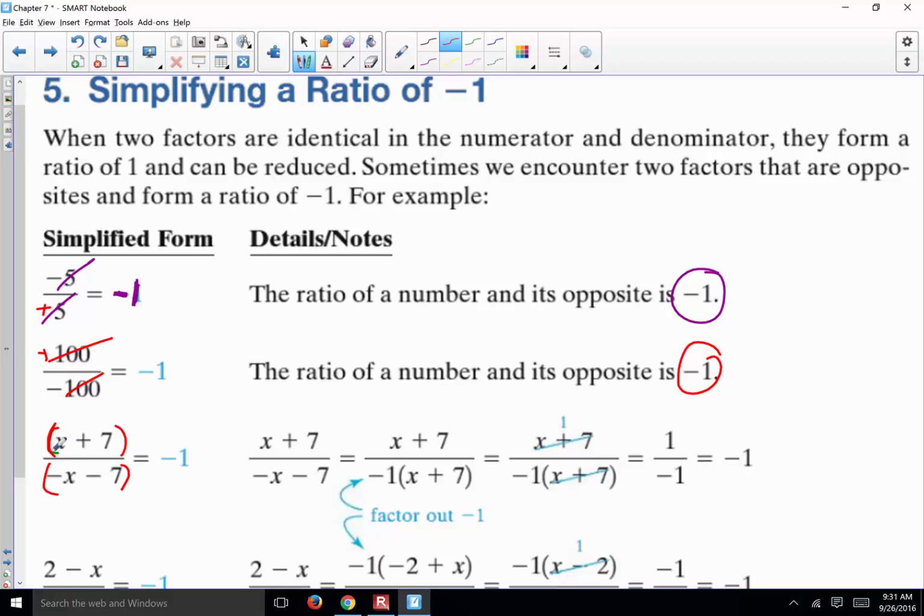To be able to cancel these and make one, they need to be the same. They can't cancel as one, but there is something else going on here. These two terms are not the same, however, we call them opposite if each and every term is opposite in sign.